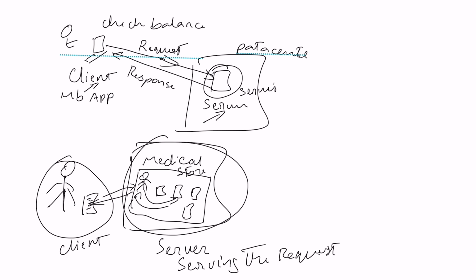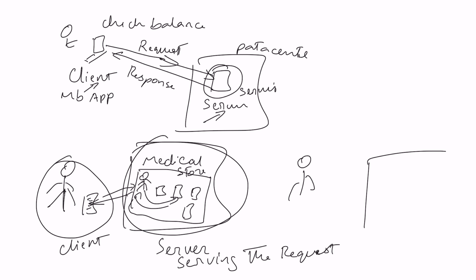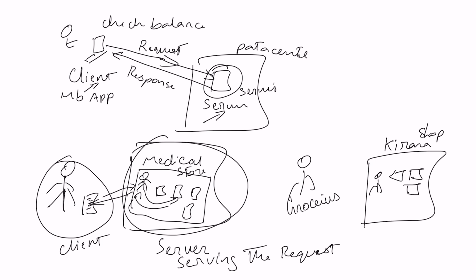So many times in IT, the name itself is sufficient for you to understand what that concept means. Another example: let's say you go to some kirana shop, where there are multiple items. Similarly, if you go to a grocery shop and try to purchase some groceries, you request some groceries, and it responds with some items.